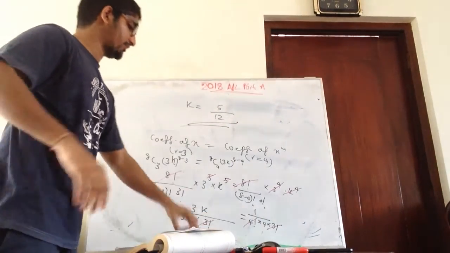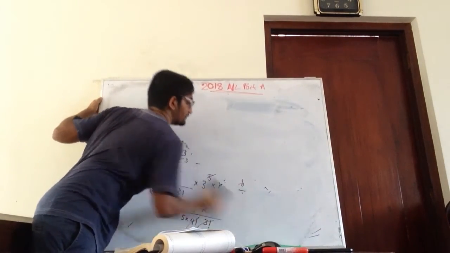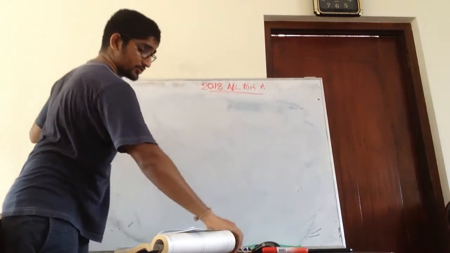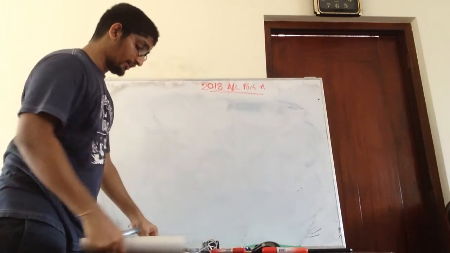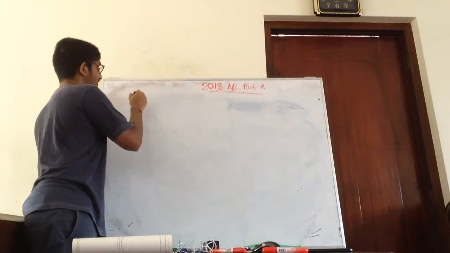Alright, so question number 5. In question number 5, they are asking us to show a value for the limit. So let's see what we can do.